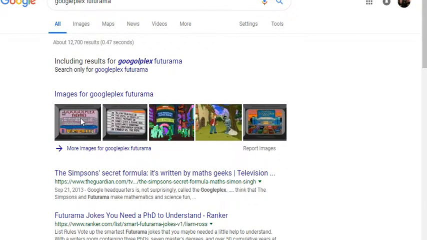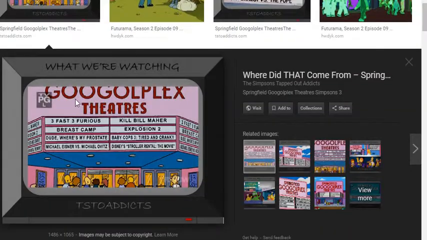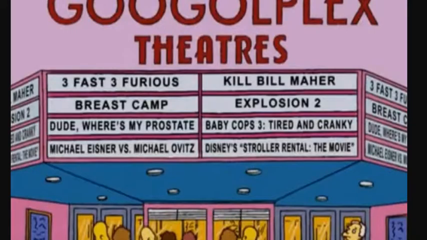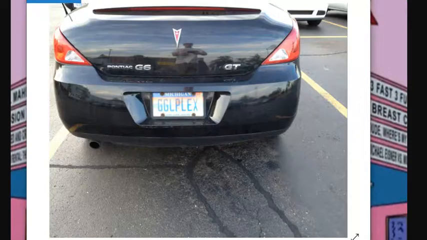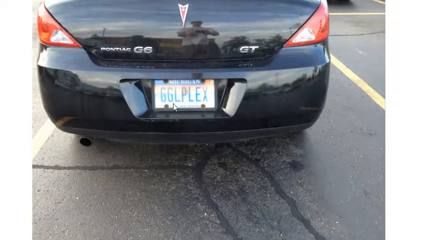They have a googolplex. Hey, so their theaters are a googolplex. So kind of cute. And at LA Fitness one time, I saw a guy with that license plate. So, yeah, kind of wonder what he does for a living or she does for a living, that they would have that license plate, Googleplex.